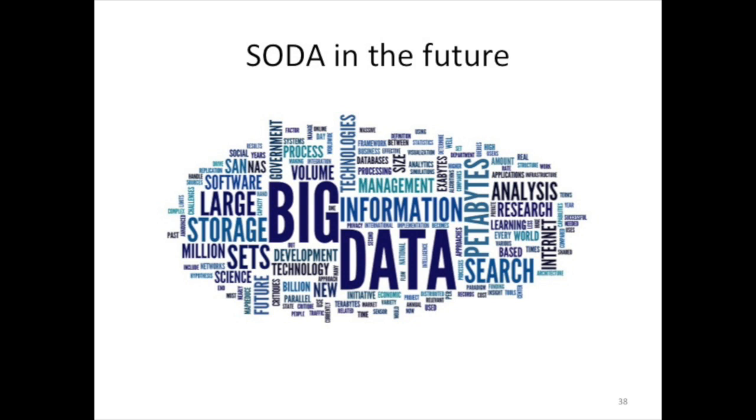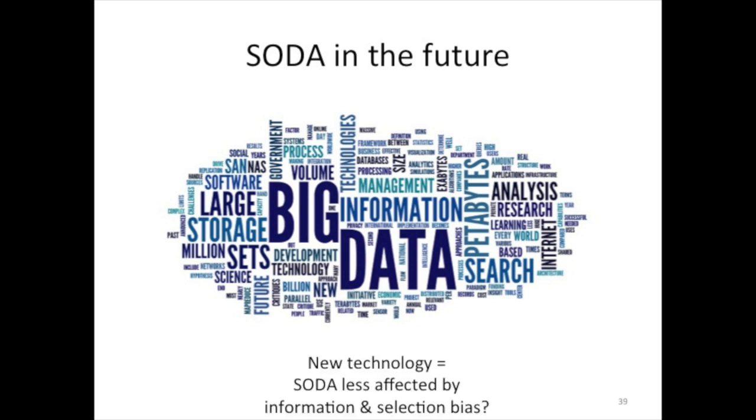Consider only the potential the total elimination of information and selection bias could have. Consider everything with regard to lifestyle being measured correctly in everyone at all times. This elimination of bias would have a major impact on our abilities for drawing causal inference. However, although there is a large potential, we do not know whether researchers will be admitted to use the big data.